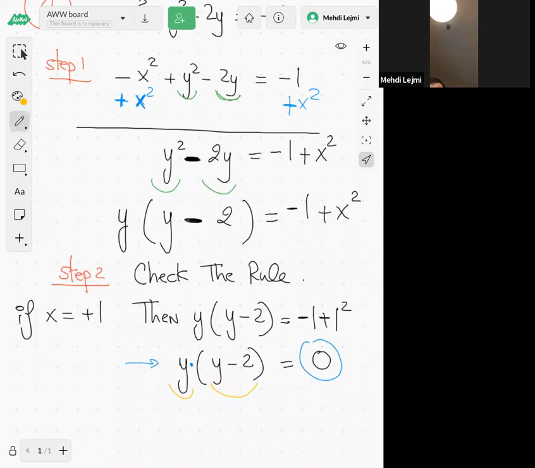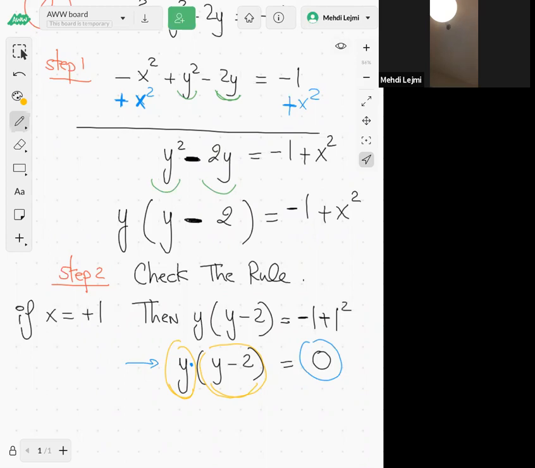This y here is just some number times another number, which is y minus 2. So the product of these two numbers is 0. The idea here, guys, is that whenever the product of two numbers is 0, it means that one of the numbers is 0. If you multiply two numbers and you get 0, one of the numbers has to be 0.